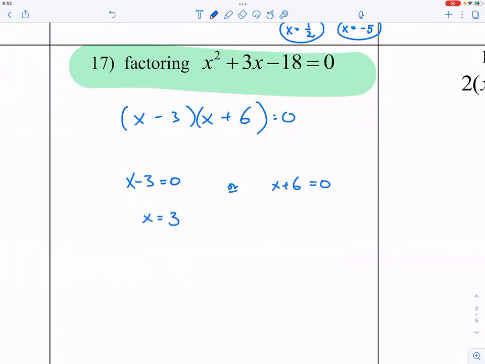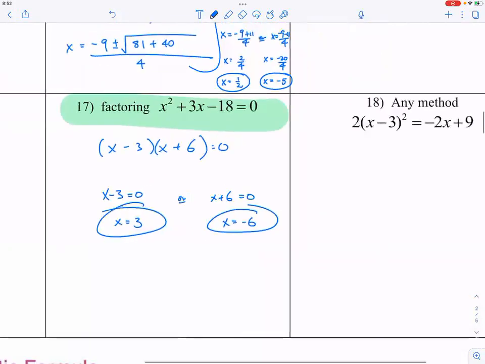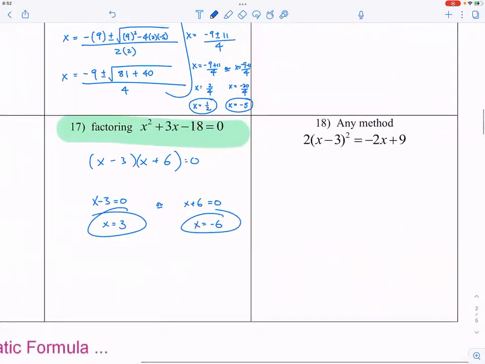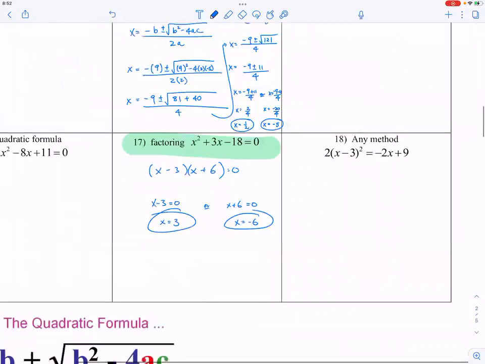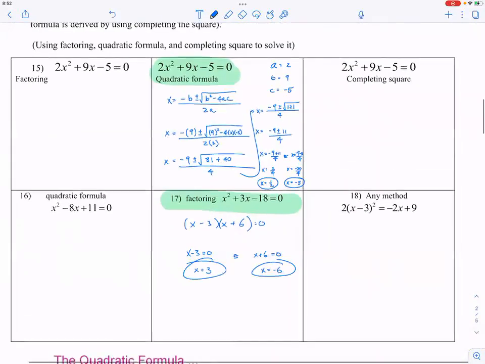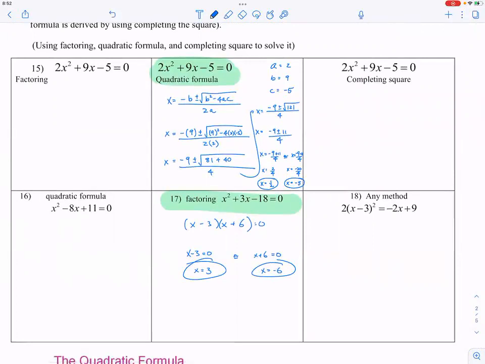So x is equal to 3, x equals negative 6. It's very easily factored. Questions for number 17 and the one above?